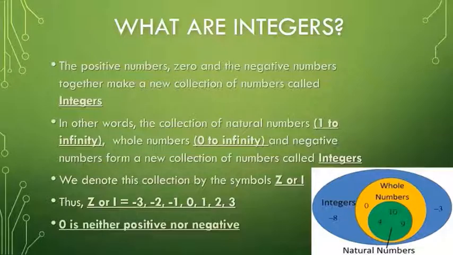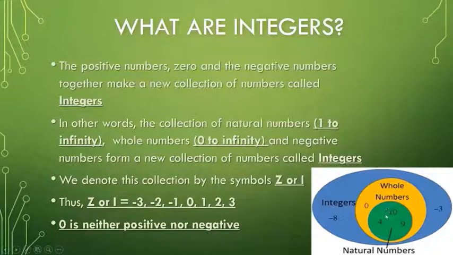And this is only for your information to know that 0 is neither positive nor negative. We also have a diagram explaining what integers are. So, natural numbers, as you can see, is the smallest, which contains only positive numbers.